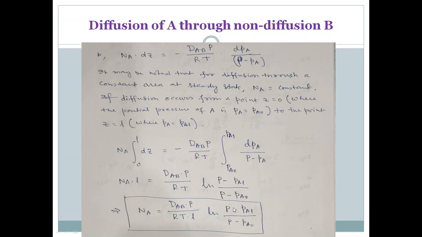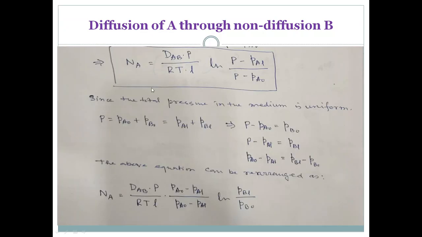Now if you see this equation, I am calculating this flux. But in mass transfer, generally what is the flux? Flux equals driving force by resistance. Driving force in this case is the pressure difference, PA0 minus PAL.